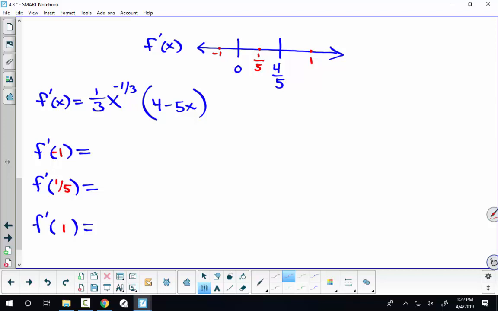So, let's see what we get. When x is -1, what do we get in the first derivative?